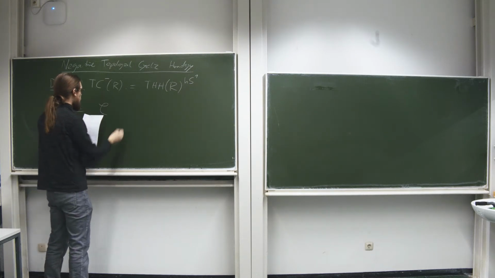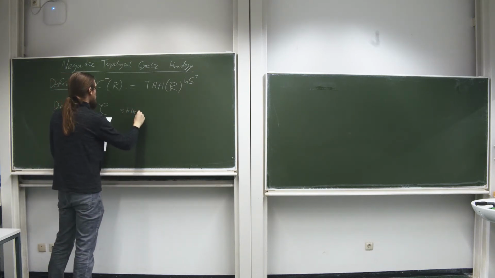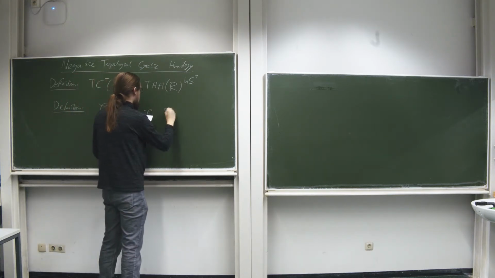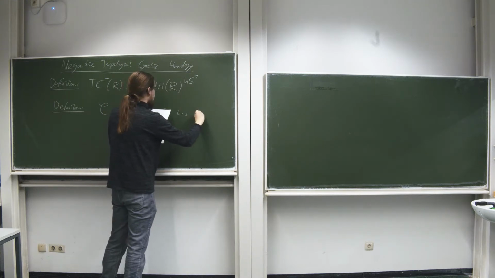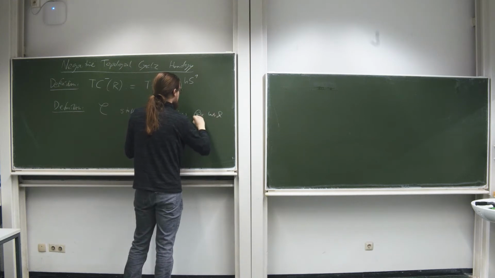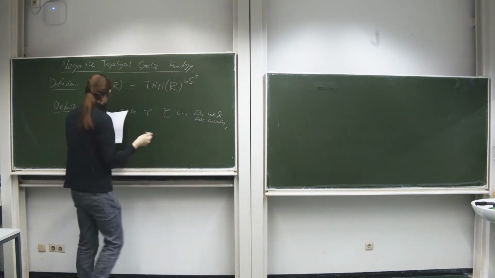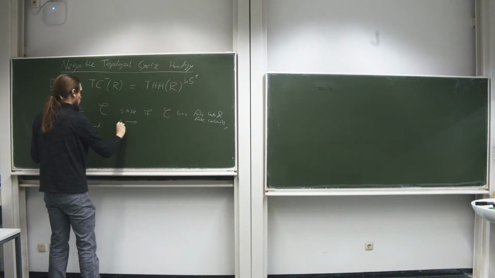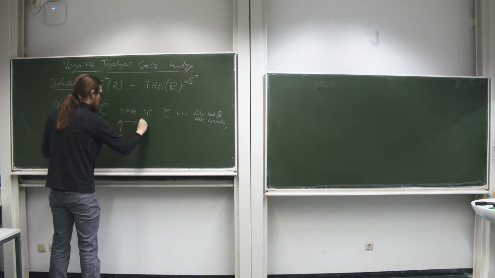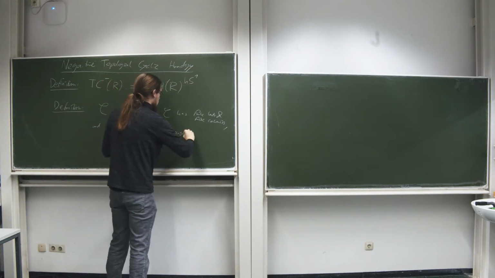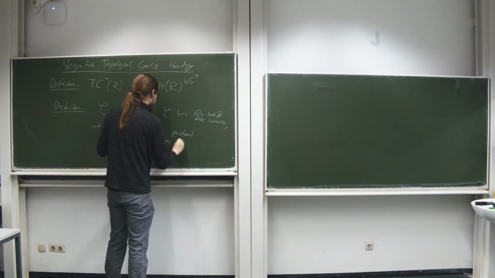So if you have an infinity category C, it's called stable if C has finite limits and finite colimits. And this is the crucial part, any square ABCD is a push-out if and only if it is a pullback.